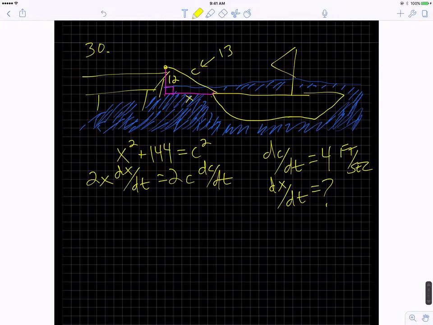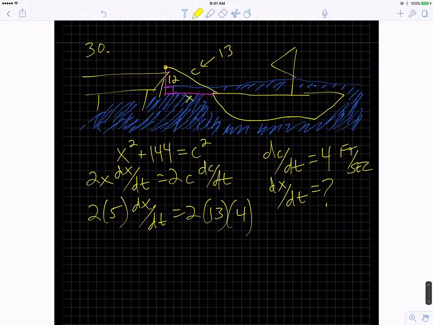So there we go. I know that x is 5 by the Pythagorean theorem when c is 13. dx dt is unknown. C is 13, and dc dt is, what was it? It's over on the side there, 4. Again, I'm not paying attention to units. I apologize.